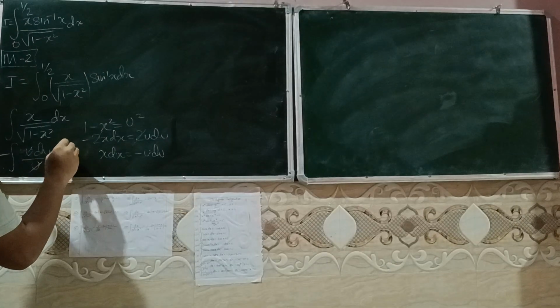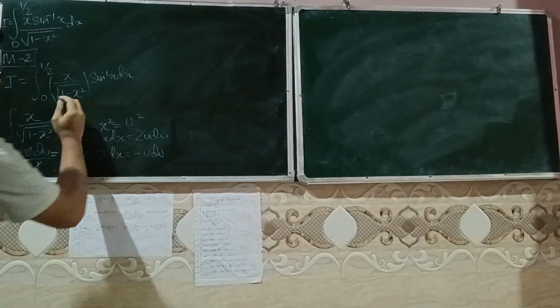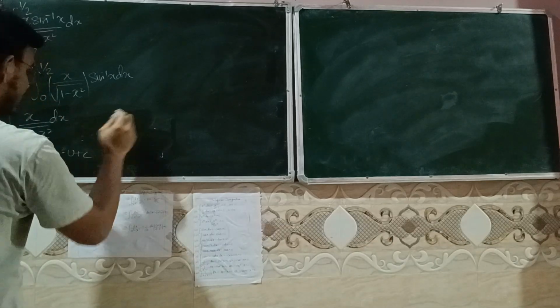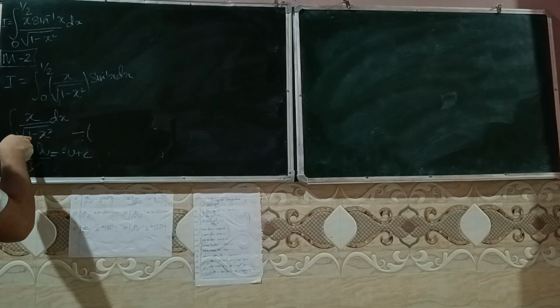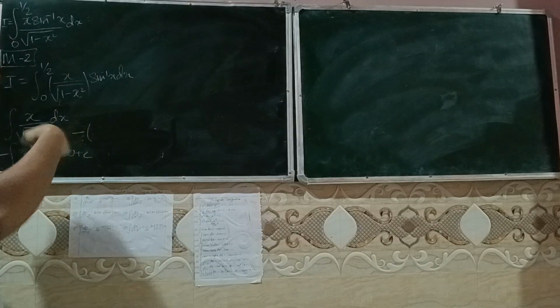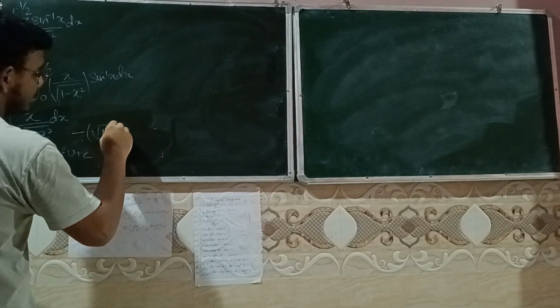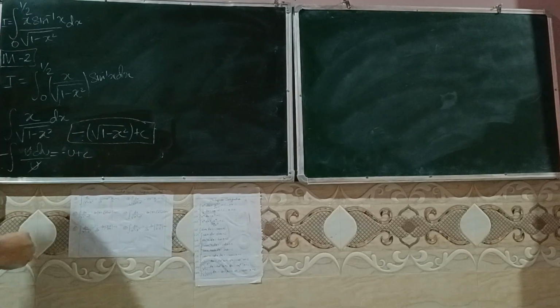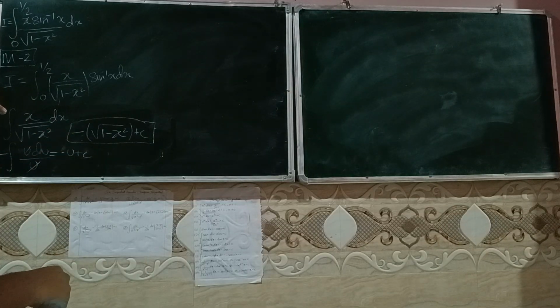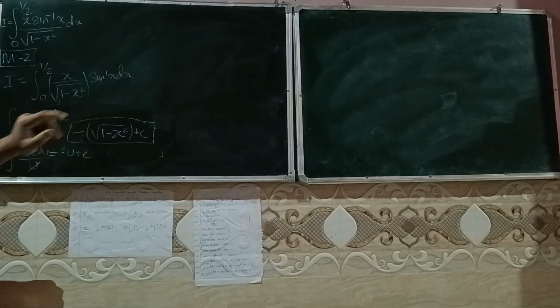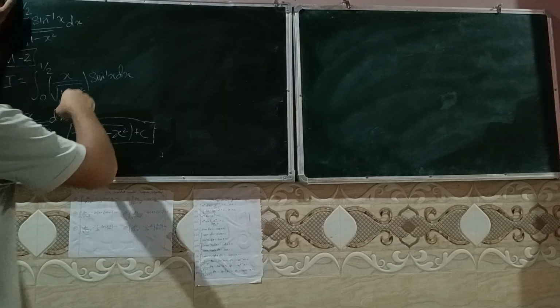U cancelled out, and we have negative u plus c, and u was the square root of 1 minus x square. I hope you remember that. I just erased it. I don't know why, but yeah. So u was this.